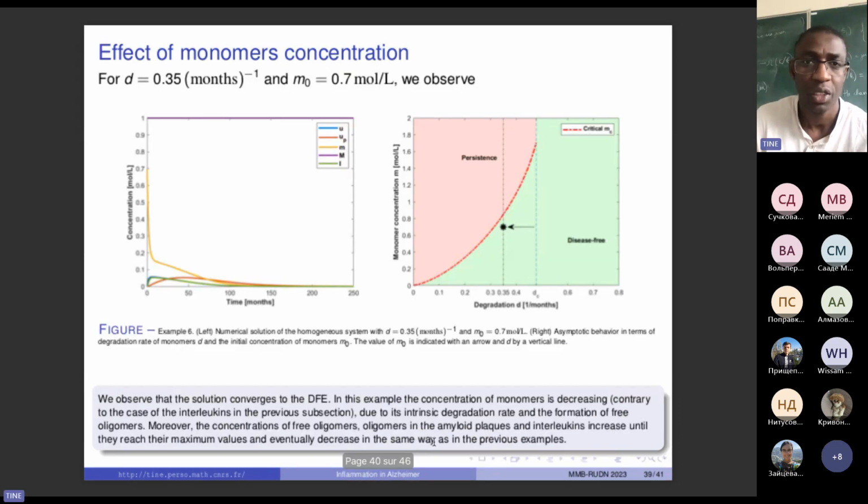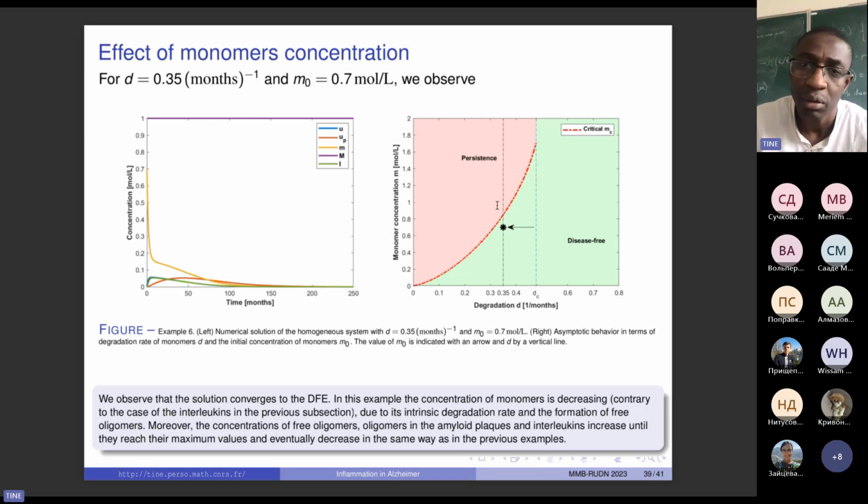Okay. So, of course, when we take M naught equal to 0.7 and D is the critical degradation rate, we see that the solution converges toward the disease-free equilibrium. And if you look at the bifurcation diagram here, we also have the critical value on the initial condition.